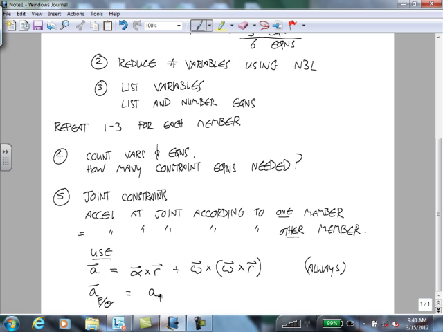So if A is not fixed, and this acceleration here in the acceleration equation, well, what term in this equation is it going to represent? Yeah, exactly.